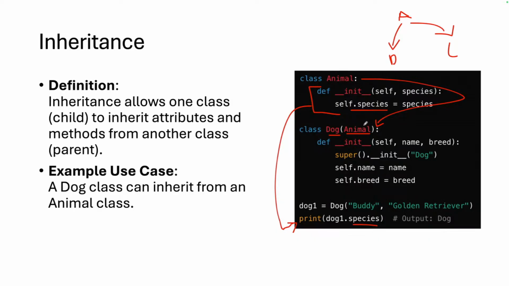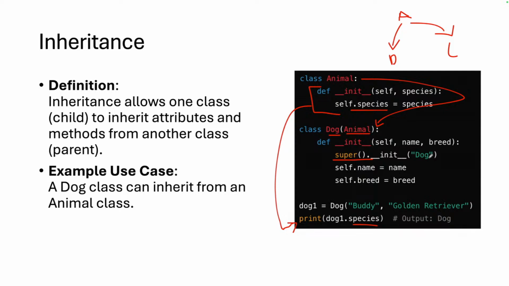That's such a great question. Yes. The word super here means there's two ways. One is that we're passing animal here in this parentheses. And the second is that inside of the definition of dog, super is when we're calling the parent class.